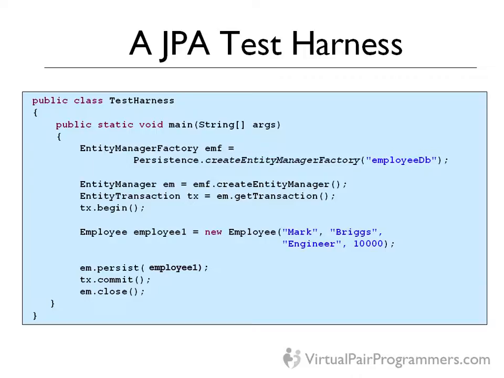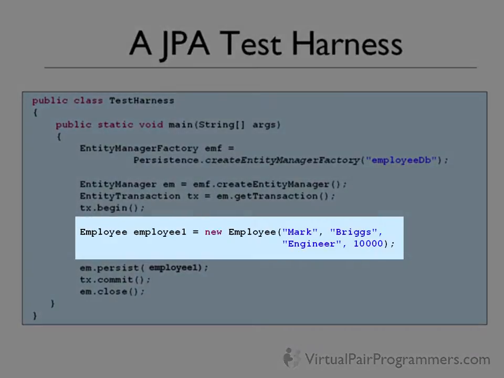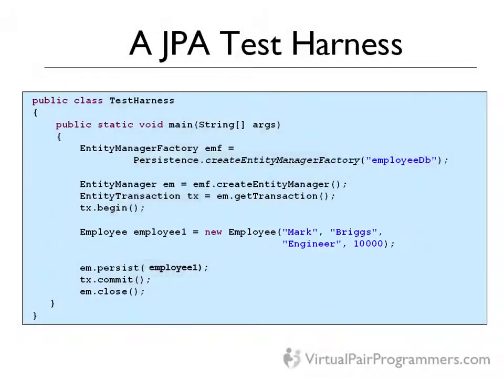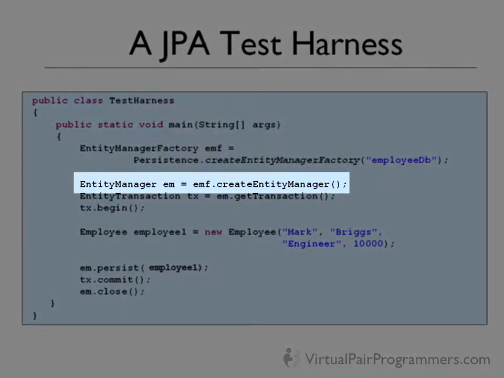But let's have a look at the test harness. First of all, right in the middle of the code, there is my line of code where I have instantiated my employee. That's not going to change. But if you like, I've wrapped some code around the creation of the employee.